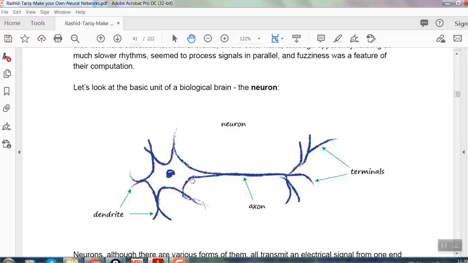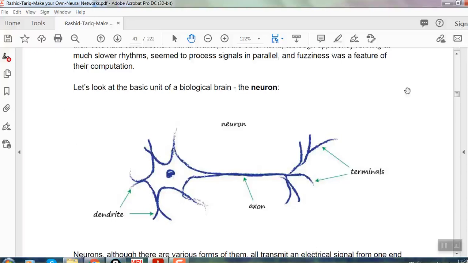A neuron has a main body, and the main body has some dendrites, then an axon, and at the end it has terminals.